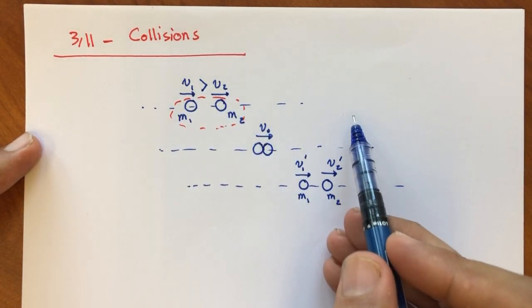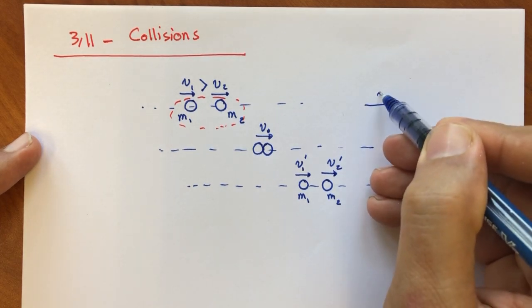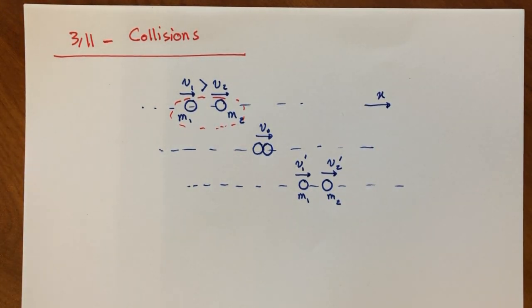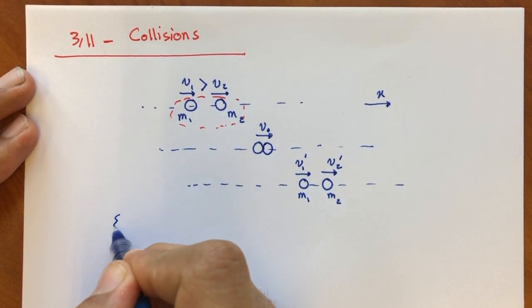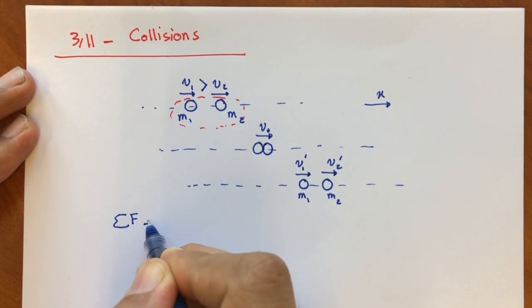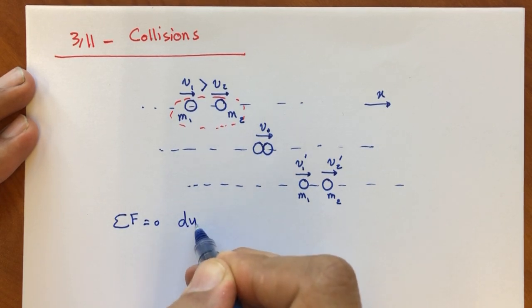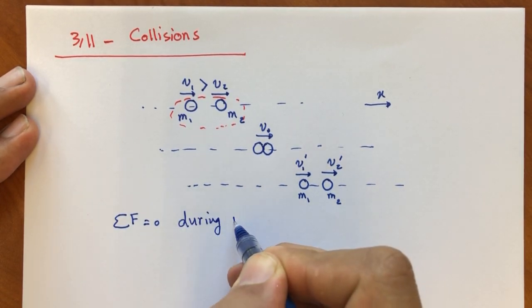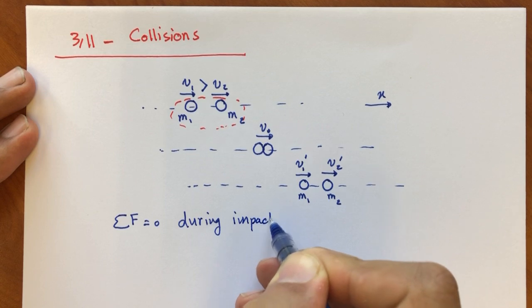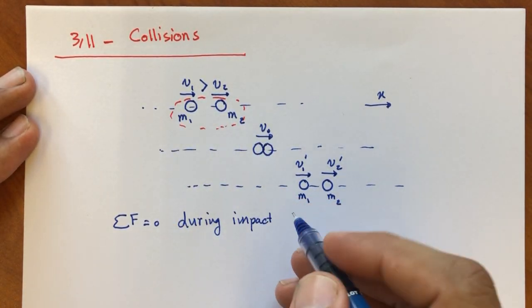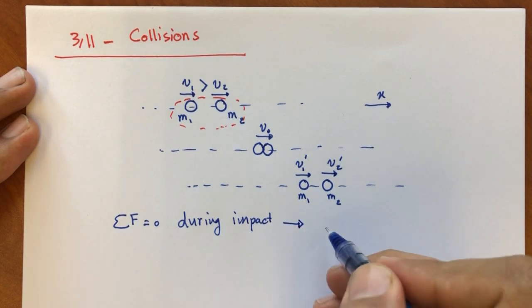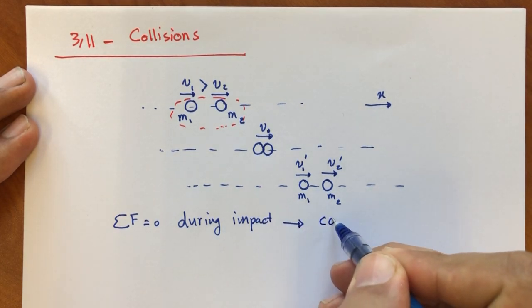So sum of the forces in this direction, let's call it x, is going to be equal to 0 for this system. So for these two masses together, sum of the forces is equal to 0 during the impact. And because there is no external force during the impact, we are going to have conservation of linear momentum.